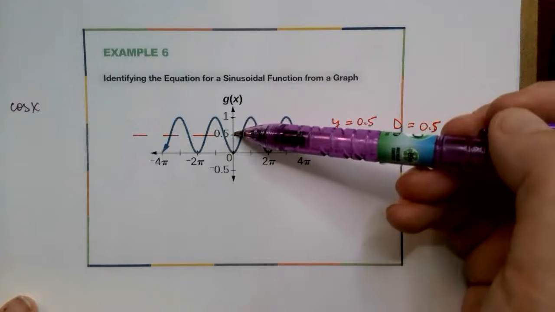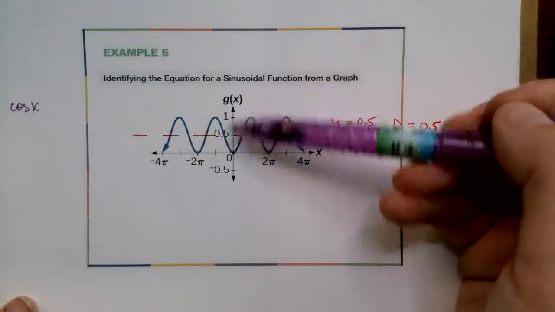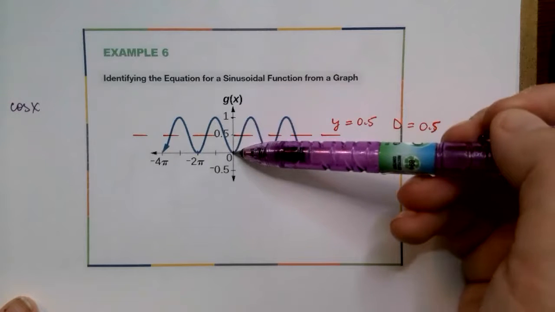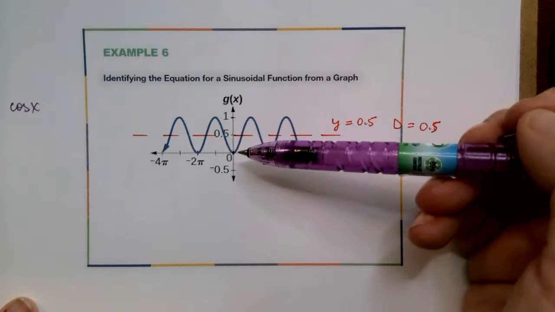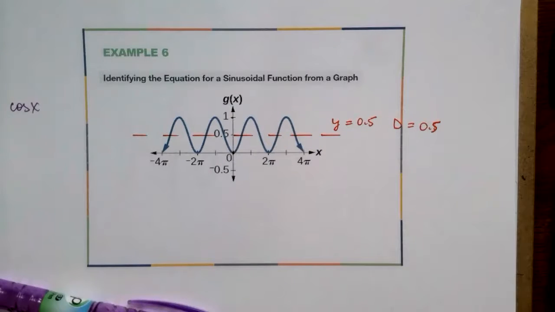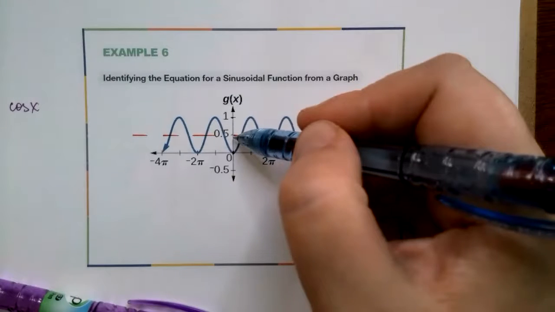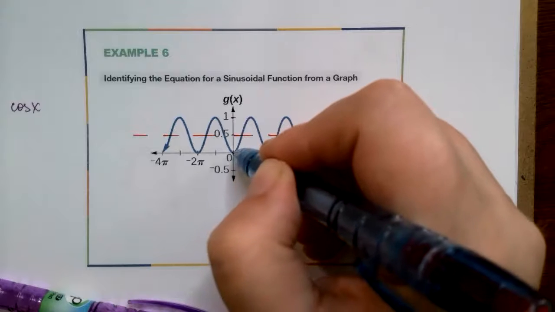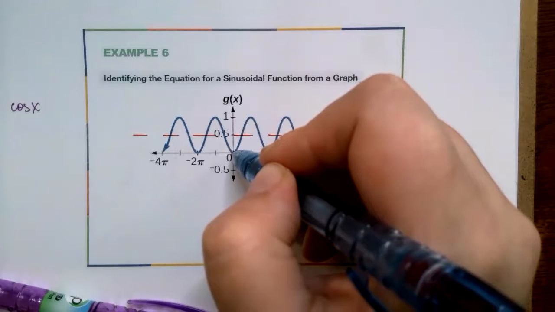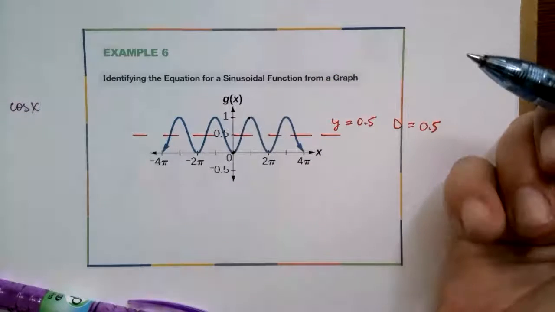We also determined that it's flipped, because for the regular cosine, here would be the maximum point, and for this graph it's the minimum point. So the a coefficient is first of all negative, and what's the amplitude? There are two ways to determine it: either the distance from the midline to the lowest point or to the highest point, or take the distance between the lowest and highest, which is 1, and divide by 2.